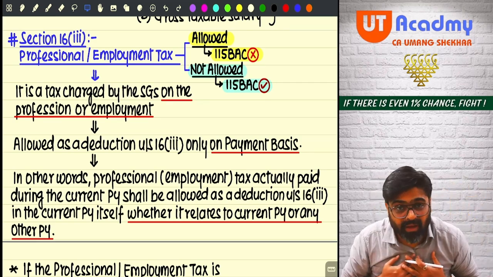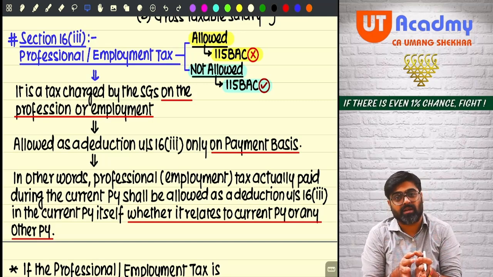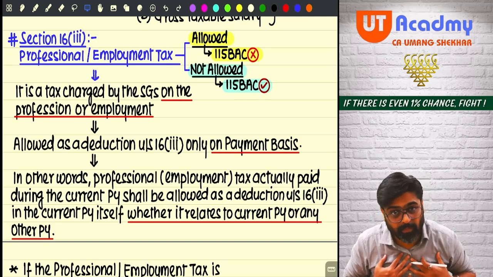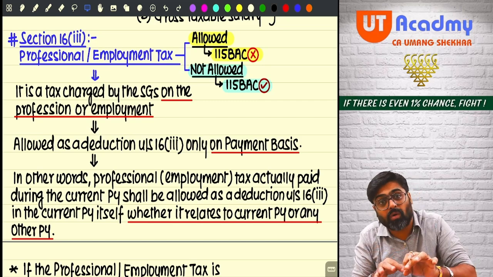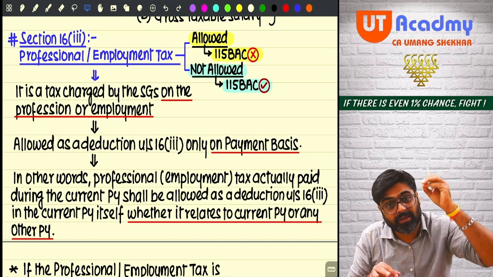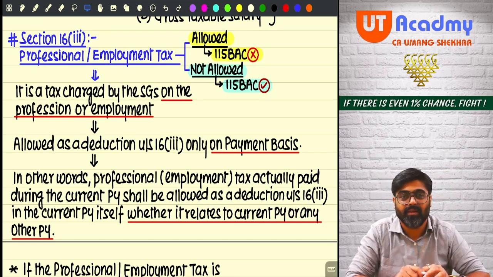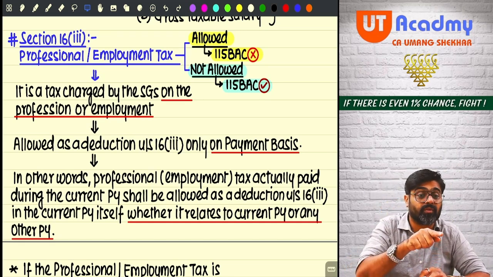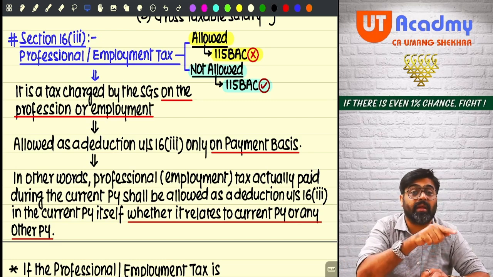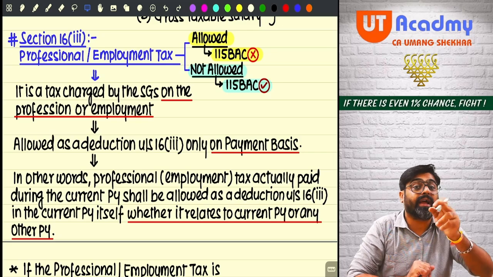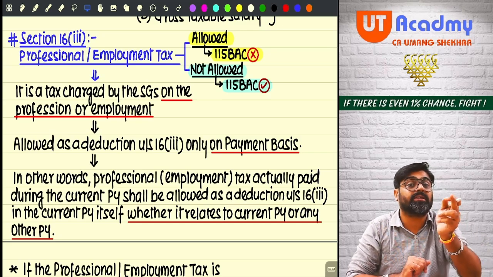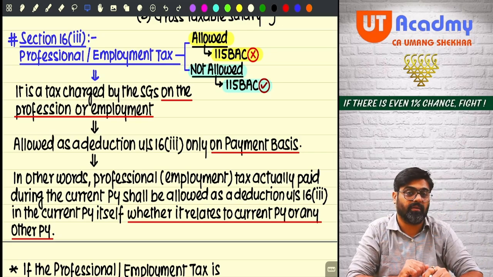So if you are having a profession in the state of Maharashtra, if you are having your employment in the state of Maharashtra, on that profession, on that employment also, the state government charges tax. Saying that you are getting that profession in our state, you are getting that employment in our state, so we are going to charge tax on that profession, we are going to charge tax on that employment.